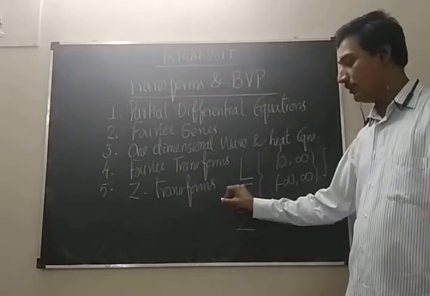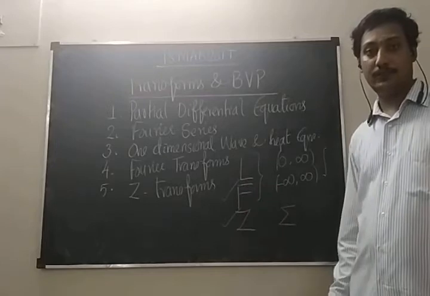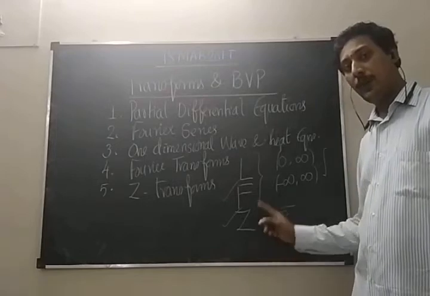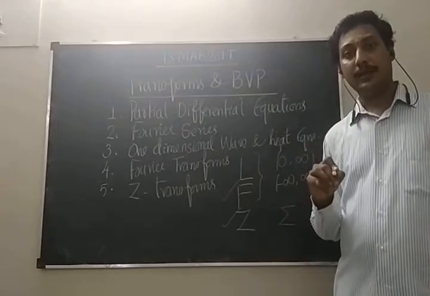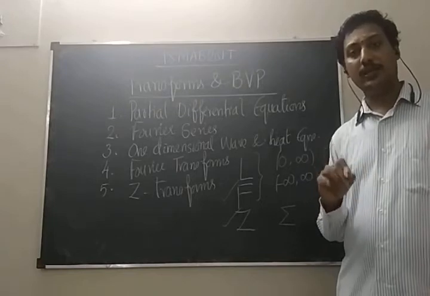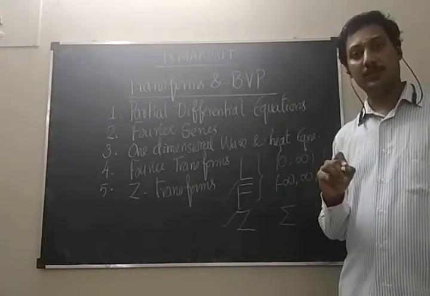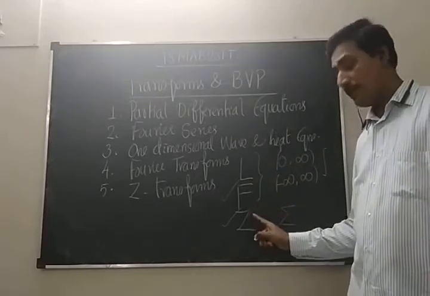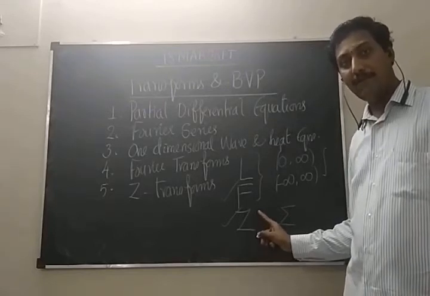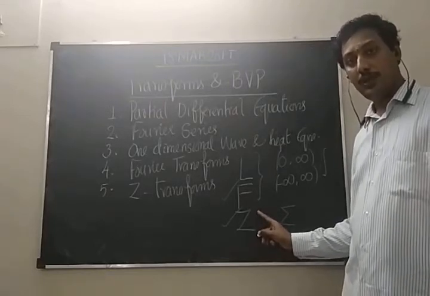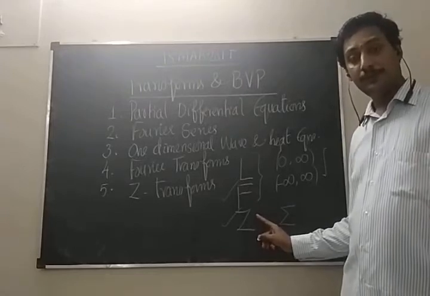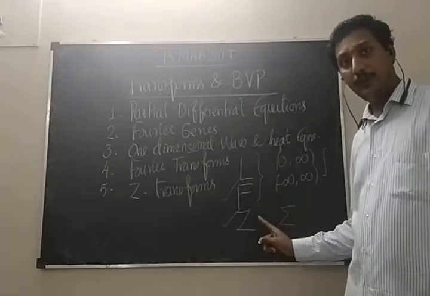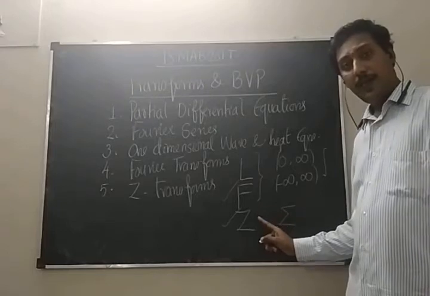So this semester we are going to learn the Fourier transform and Z transform. In particular, the Z transform is only for the discrete type. Students in circuit branches like electronics and communication engineering, electrical engineering, computer science engineering and information technology must know this important mathematical tool, as in their core subjects like circuit theory and signals and systems.